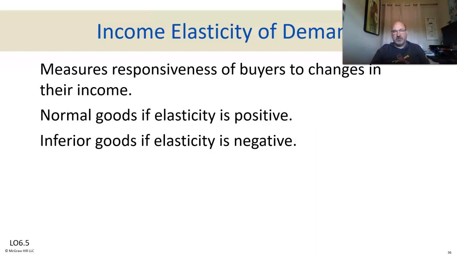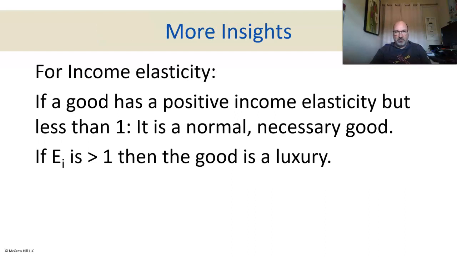So how responsive are you to the idea that you got paid more or your income has increased? Normal good if elasticity is positive, inferior good if elasticity is negative. Remember the normal and inferior good piece. I mentioned that if you were the normal broke college student, you probably consume more inferior goods than the average bear.